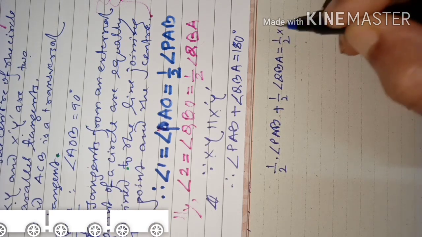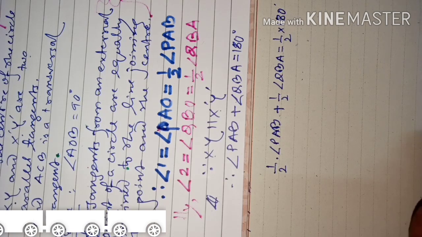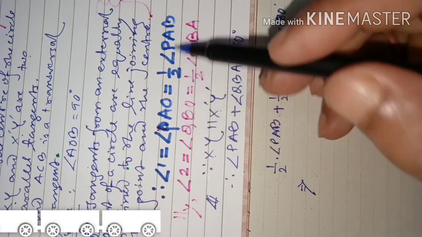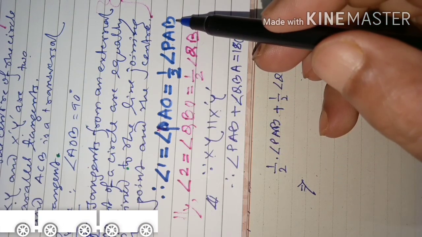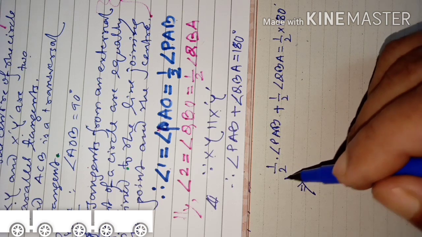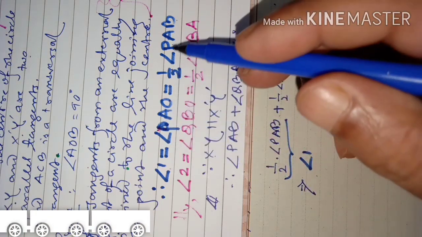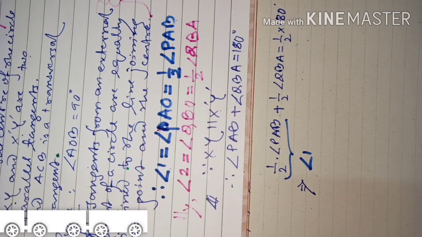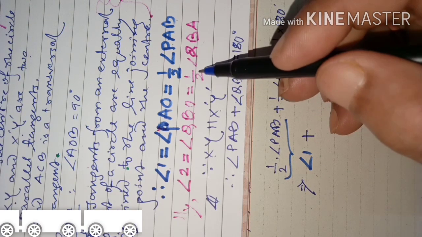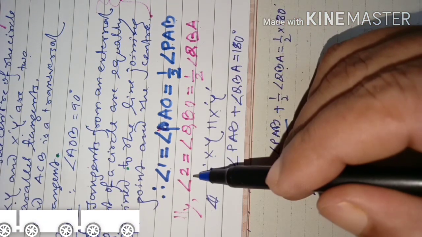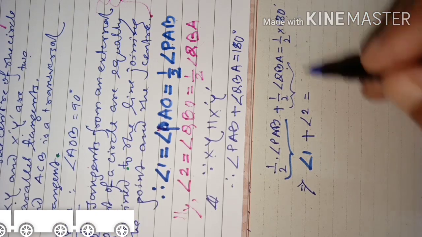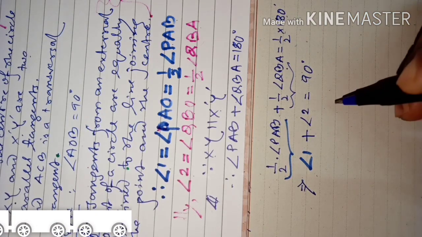Multiplying half to all the terms, half of angle PAB is equal to angle 1, so for this you can write angle 1. Plus half of angle QBA, that is angle 2. For this you write angle 2 is equal to half of 180, which is 90.